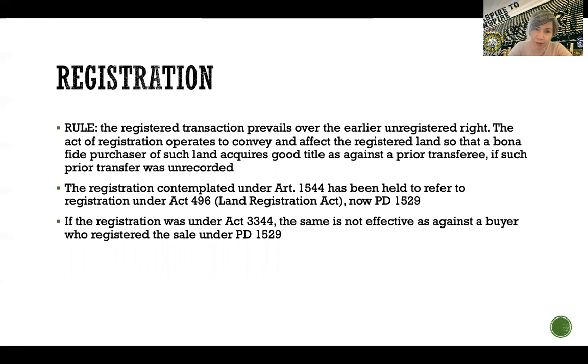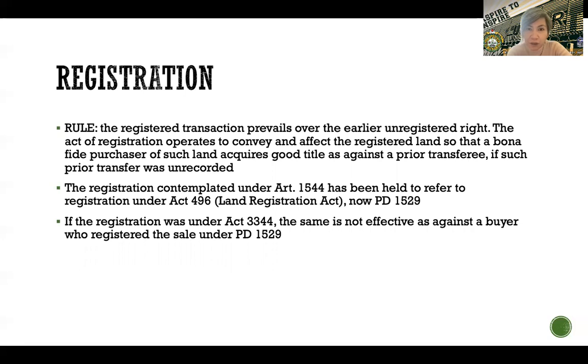So the rule, therefore, is that the registered transaction prevails over the earlier unregistered right, because the act of registration operates to convey and affect the registered land, so that a bona fide purchaser of such land acquires good title as against a prior transferee, if that prior transfer was not recorded.